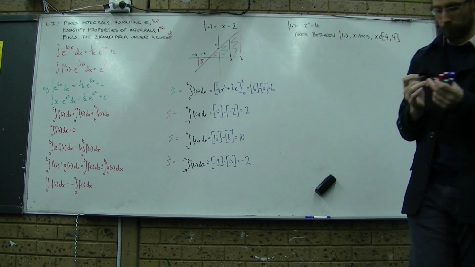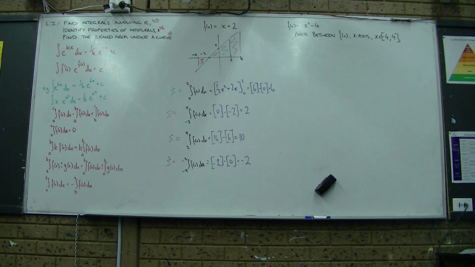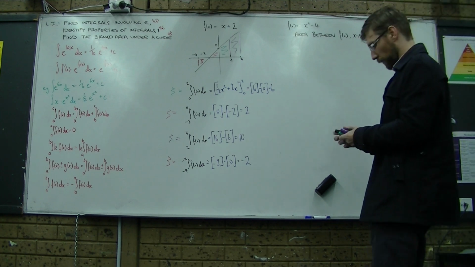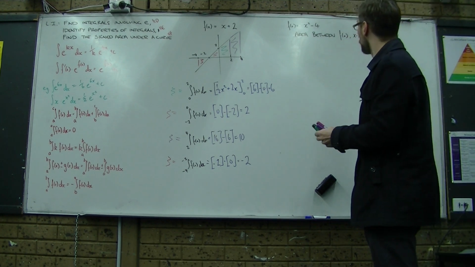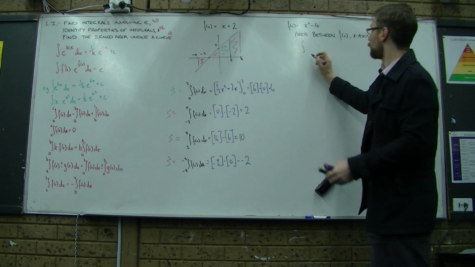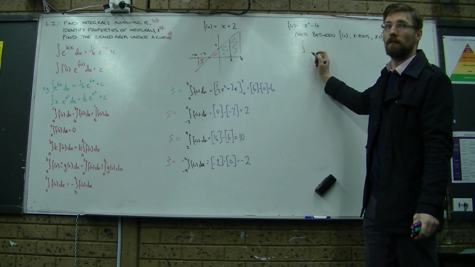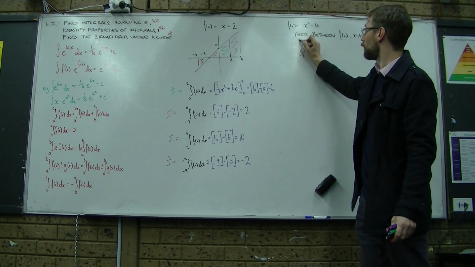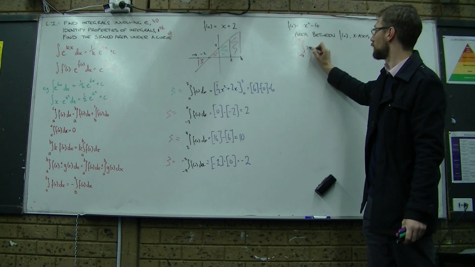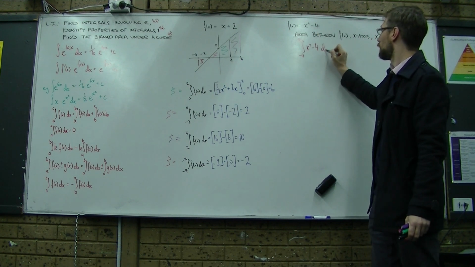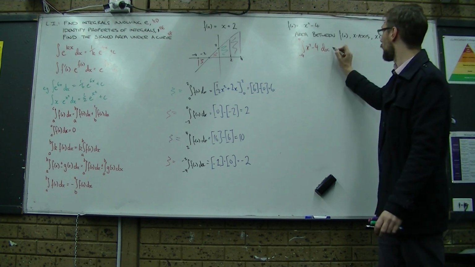Let's say I want that. Cool. What might be your first attempt at solving that? Okay, integrate might be your first thing. So integrate between negative 4 to 4 of this function. So we're saying that? Cool, okay.